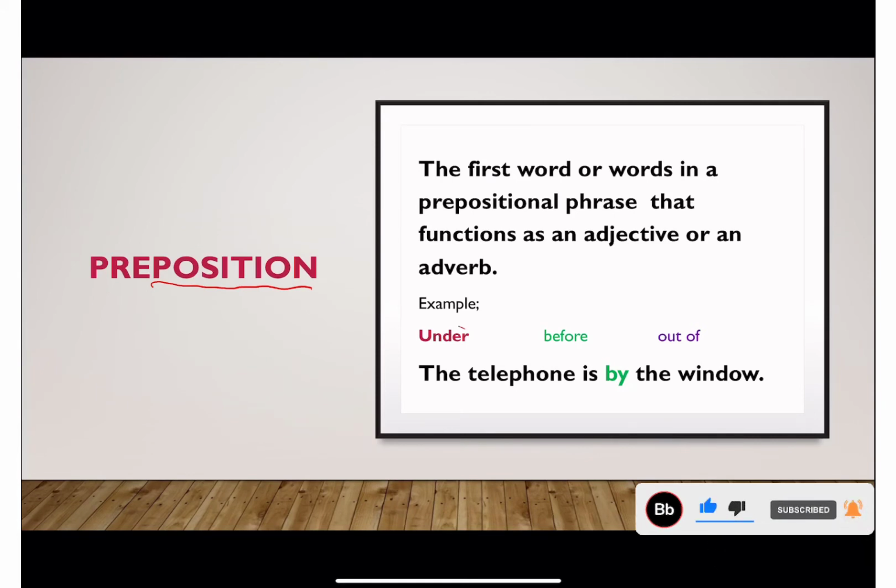So, under, before, out of, away from, for. So this could be a sentence such as, the telephone is by the window. Where is the telephone positioned? It's positioned by the window. So it tells you about a position of where something is. It's a prepositional phrase that functions as an adjective or an adverb. Now, let's get on with it.